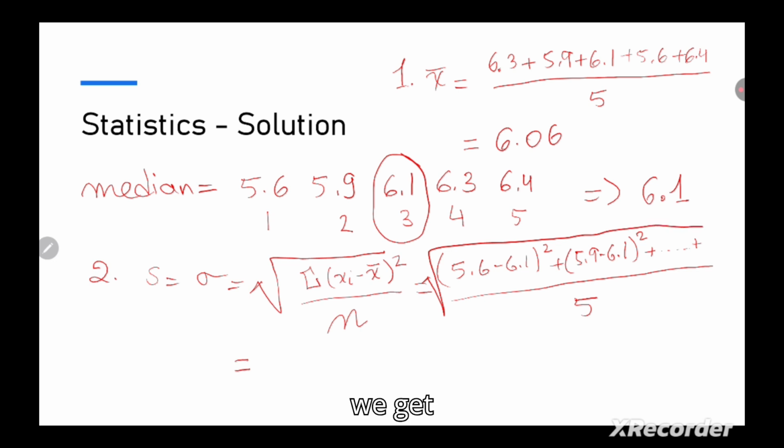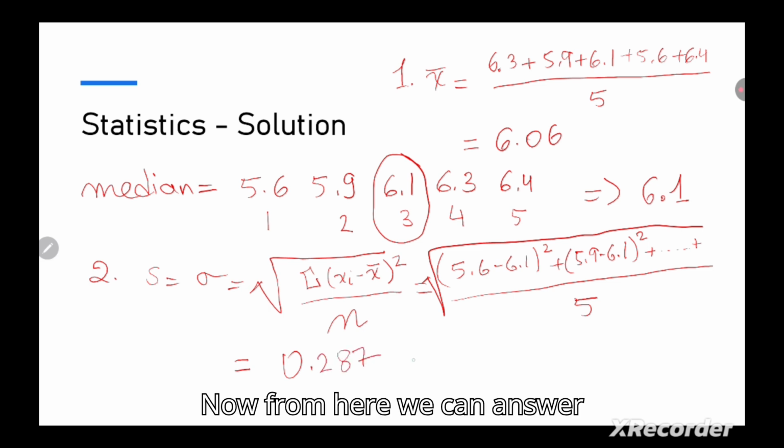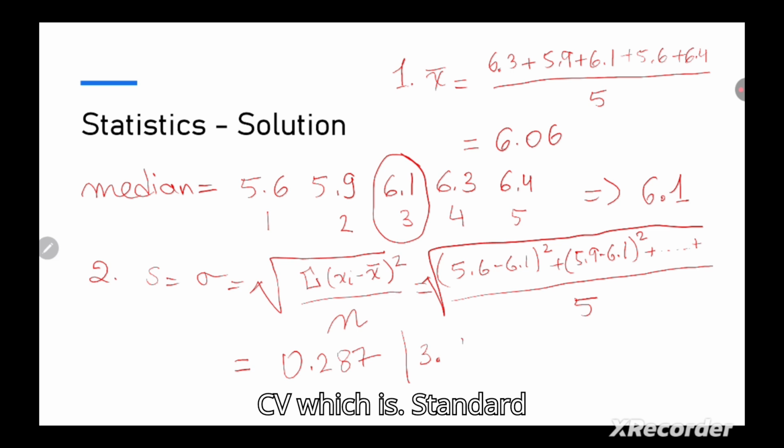We get, which will be equal to 0.287. Now, from here, we can answer part 3, where we get CV, which is standard deviation over x bar.